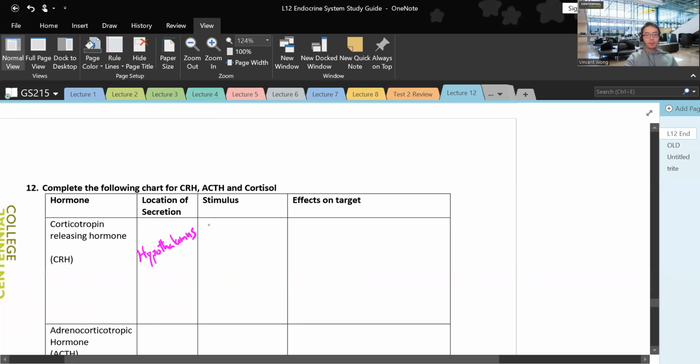And the stimulus would be low cortisol, right? Low resource availability. And the effects on target would be to increase ACTH from AP.